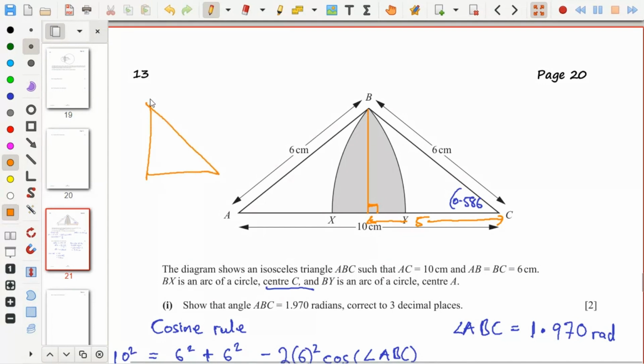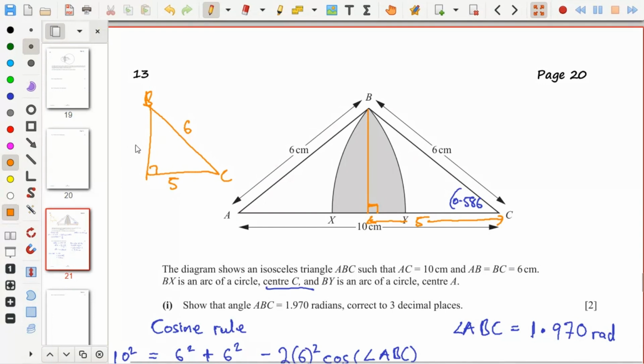Should I label it? I don't want to put in any new letter. I want to use what they have there. Okay, they didn't label this part. So here's 5. Here's 6. So I can easily find the length here.